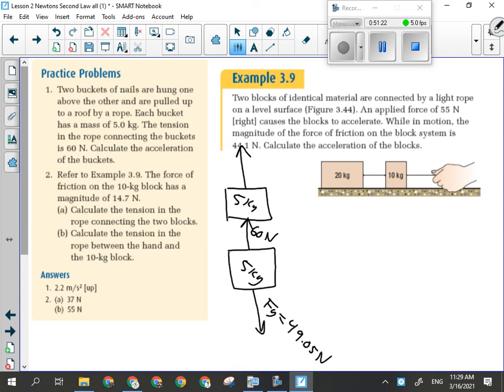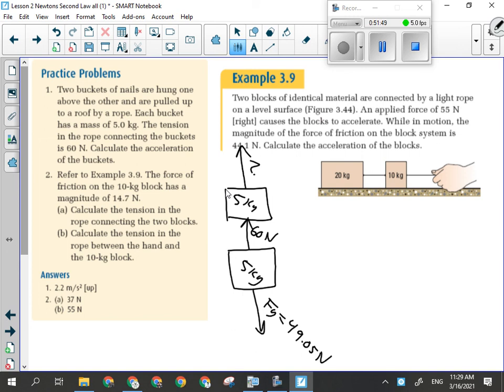Now, I can't calculate the acceleration of the system as a whole because I don't know what this upward pulling force on the top bucket is. But if I remember that all parts of a system accelerate in unison, I can realize that if I can calculate the acceleration of any part of the system, I have the acceleration of the whole system, which is what they want.